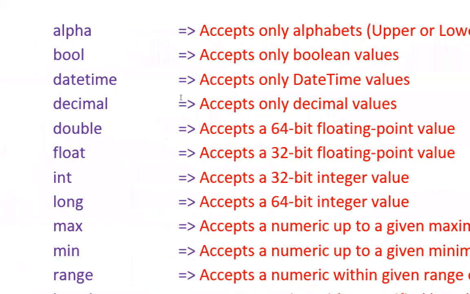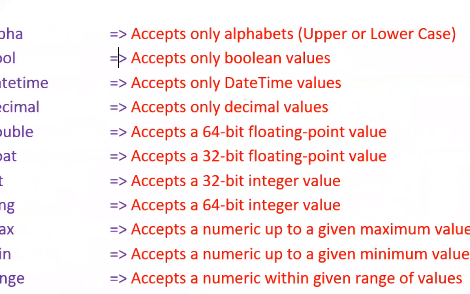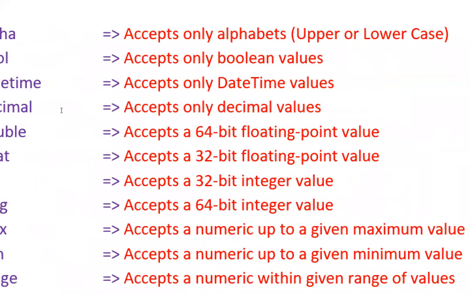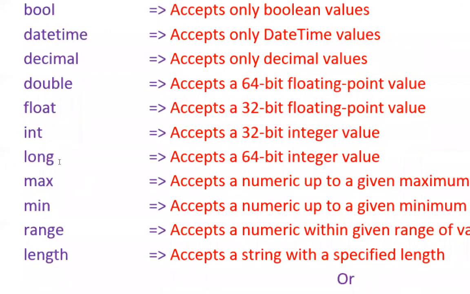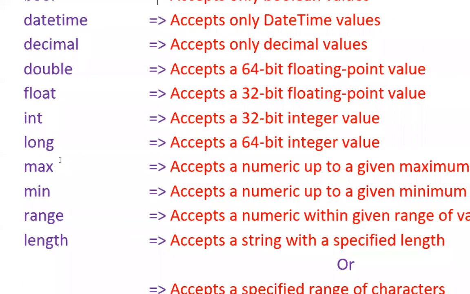Alpha accepts only alphabets, upper or lowercase. Bool, only Boolean values. Date time, decimal, double, float, int, long. Next, max. You can specify the upper bound. Next, min. You can specify the minimum bound.